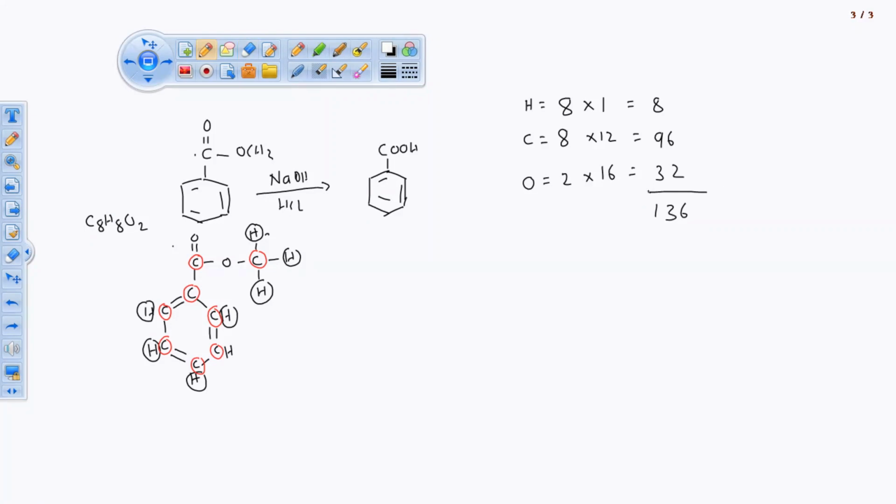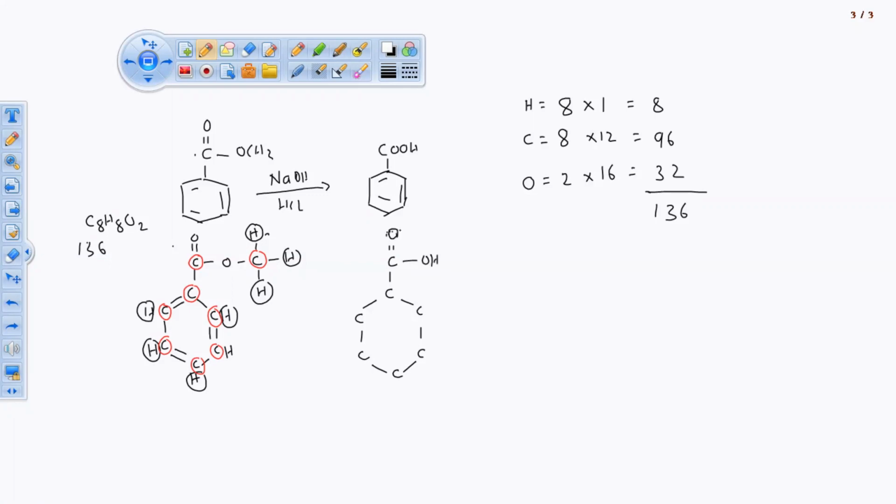Now the molecular weight of this methyl benzoate is 136. Similarly, the molecular weight of benzoic acid. Now I'm going to draw the skeletal structure. Here carbons, and one more carbon, one carbonyl group and one hydroxyl group.